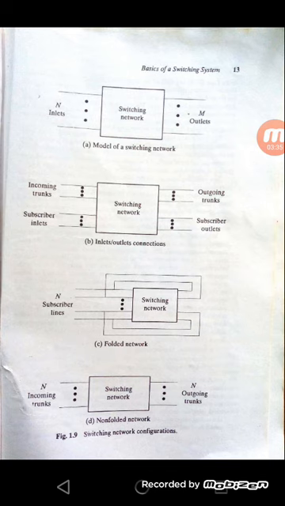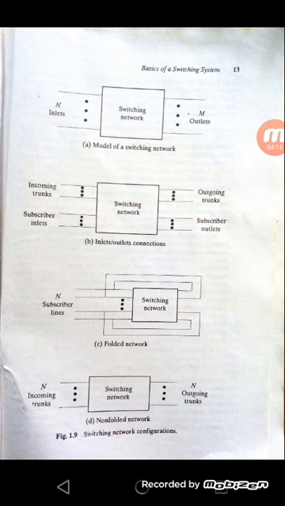In any data communication, internally we are using switching networks. Also see the second diagram, the second type, inlets and outlet connections: incoming trunks, outgoing trunks, subscriber inlets and subscriber outlets. That means when we are calling subscribers, the information must pass through the switching networks or telephone exchange offices or antennas.